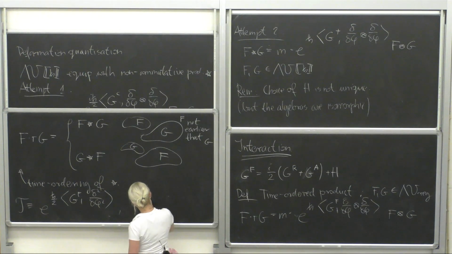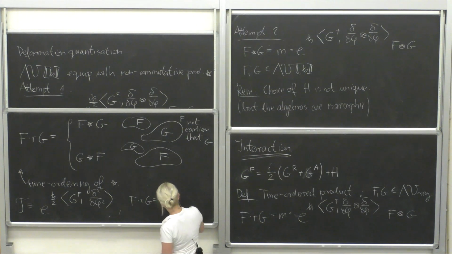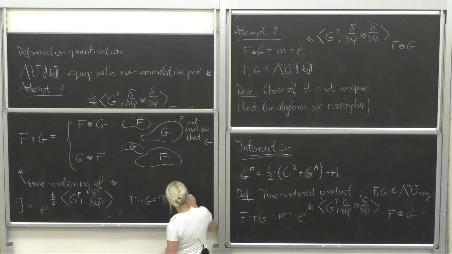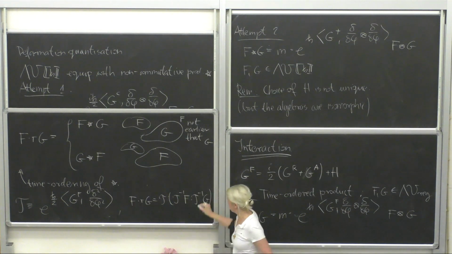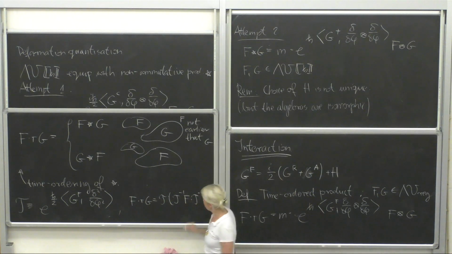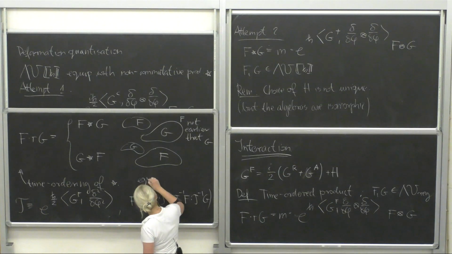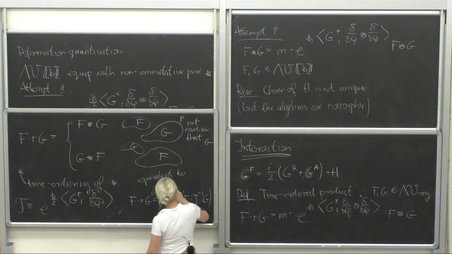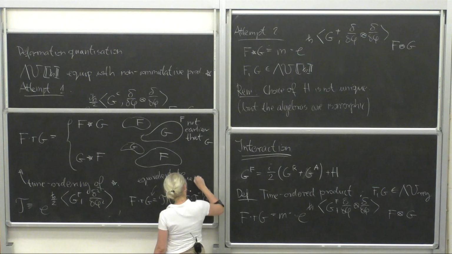F time-ordered G is T of T inverse F pointwise T inverse G. So it's actually equivalent in this sense to the pointwise product.